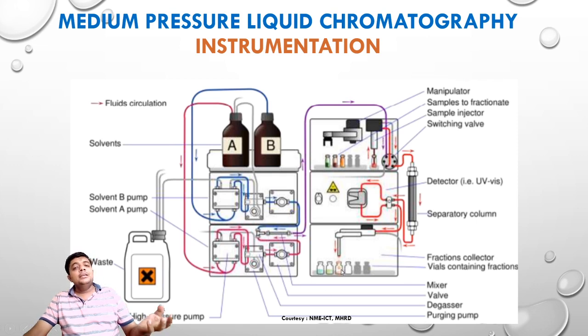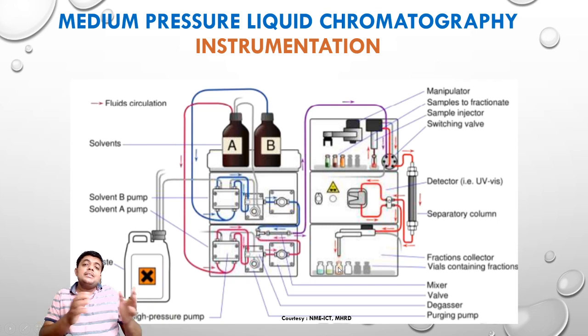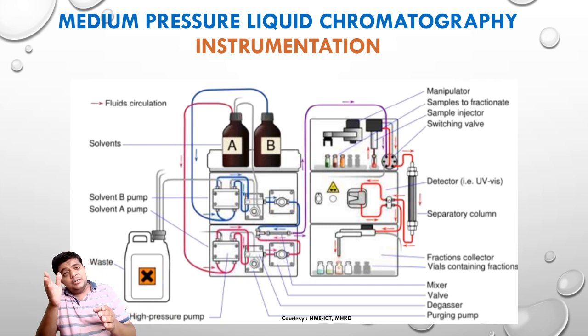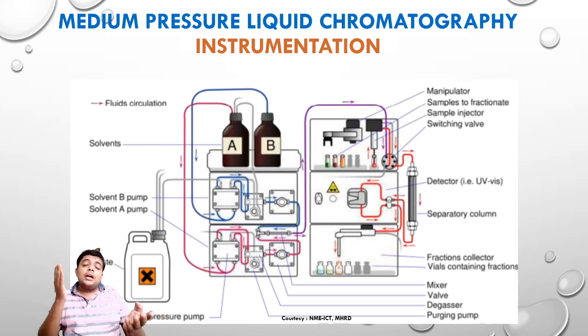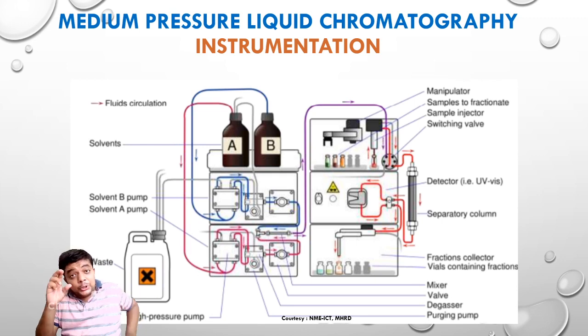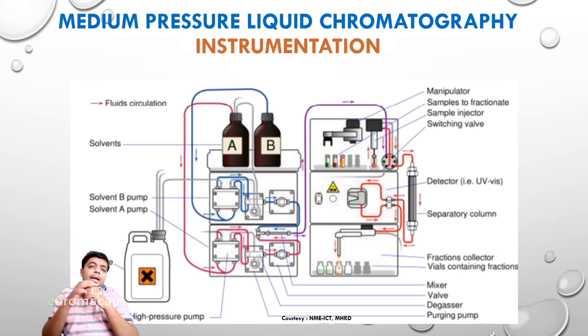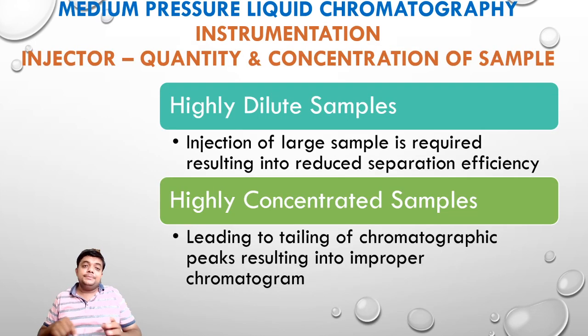And when it detects from 454 to 654, it will shift to third. So friends, this is how separation using a fractional collector is possible in MPLC. And this separate collection in a huge quantity makes medium pressure liquid chromatography a preparative chromatography method.